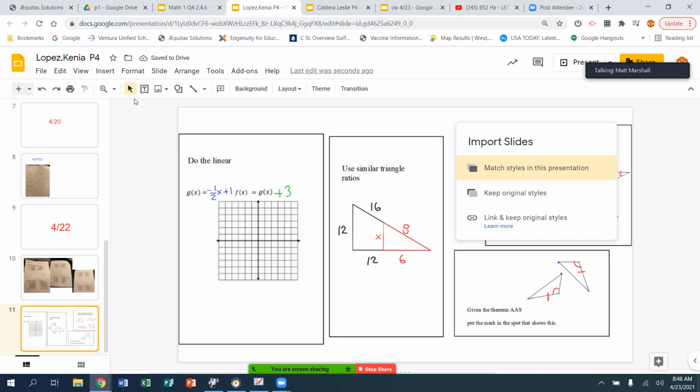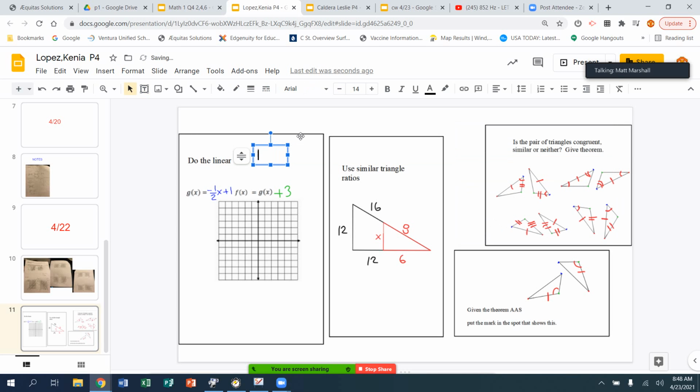And then you could do work on paper and put a picture on there, or you could do all the work using the Google Slide tools, like a text box to type your work, or a line to graph your lines. And I could help you with all these little tricks.